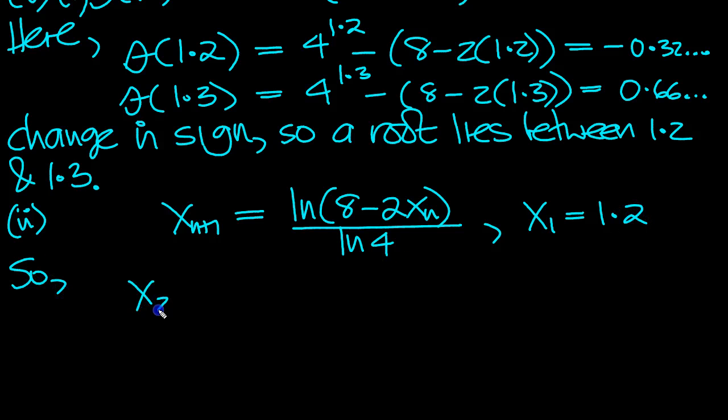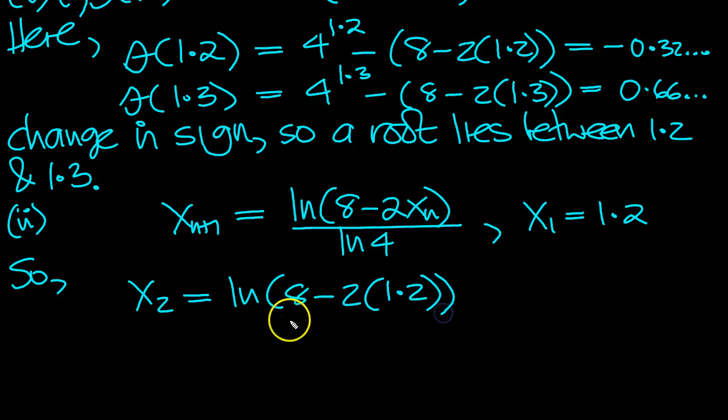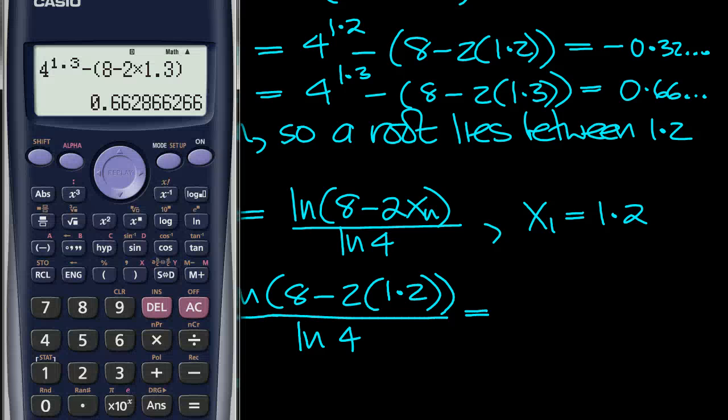So x2 is ln of (8 minus 2x1), which is 1.2, close bracket, over ln 4. Then x3 we should be able to get from the calculator.